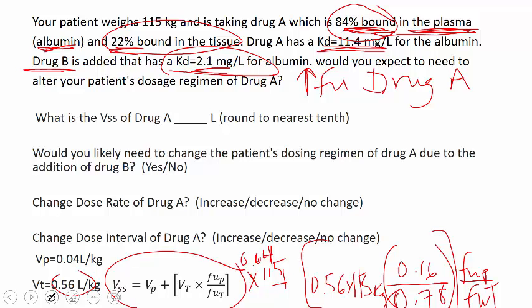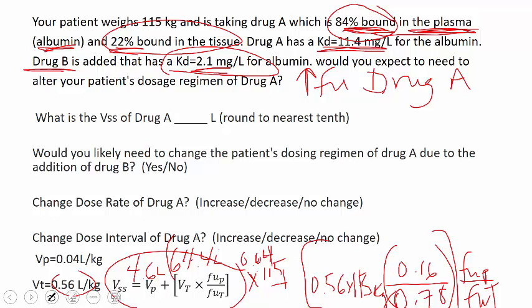Okay, so 115 times 0.04 is 4.6, so that's going to be 4.6 liters, and 115 times 0.56 is 64.4 liters times 0.16 divided by 0.78 plus 4.6.